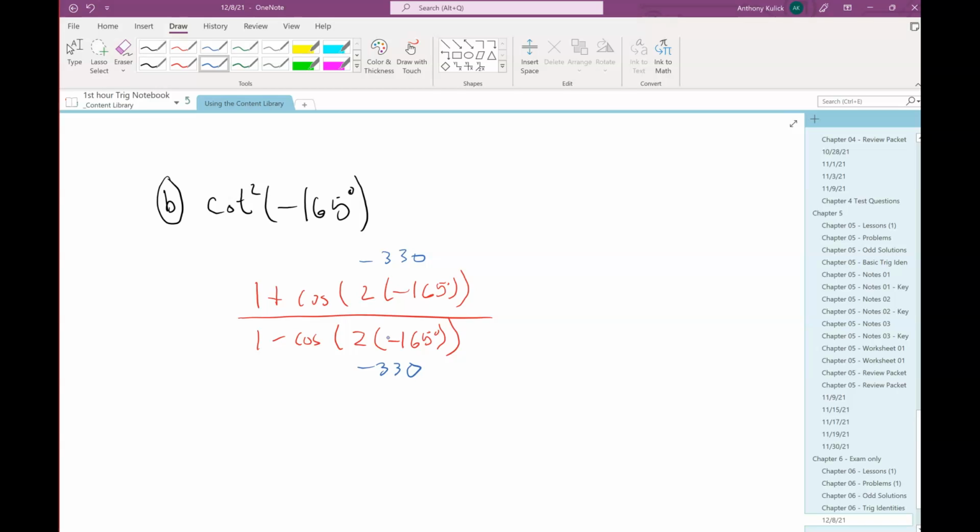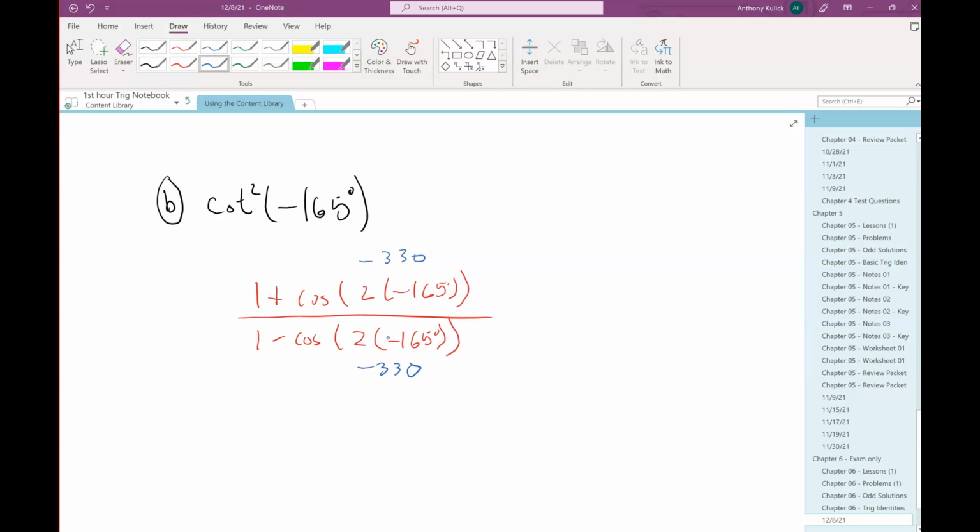Now, is negative 330 a unit circle angle? No, because it's negative, right? So what should we do? I'm just going to find an angle that is coterminal to negative 330 that is on my unit circle. So what do I have to add to negative 330 to find something coterminal to it? 360 degrees.